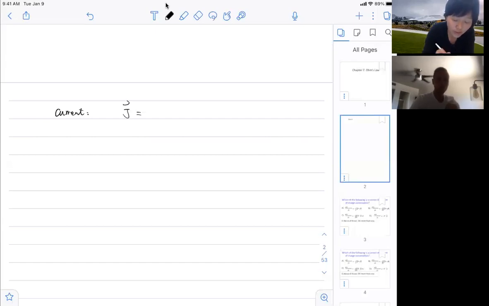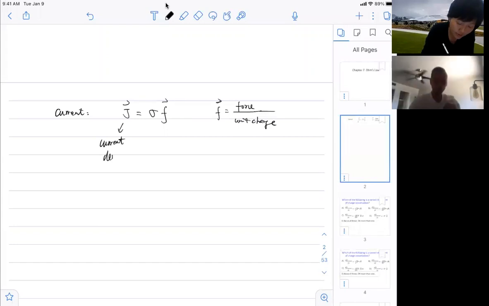The current density J is proportional to sigma times this force f, where little f is force per unit charge, J is current density, and sigma is the conductivity of the material.